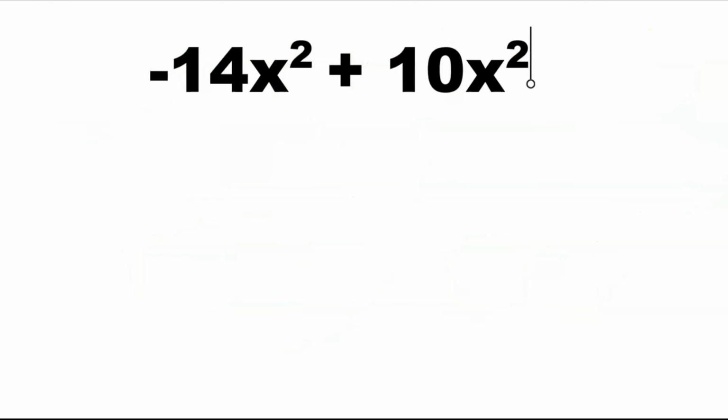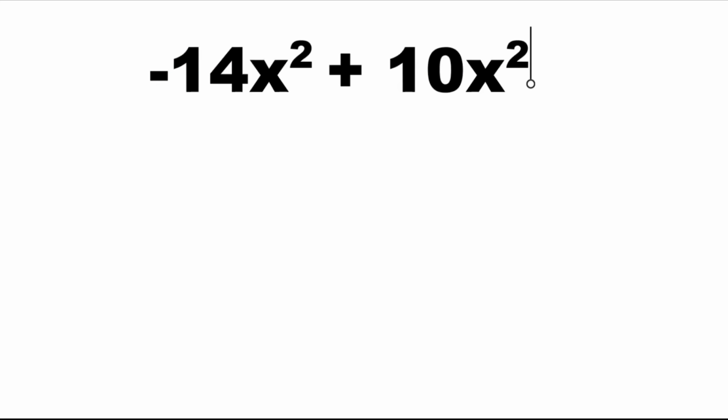Now when we're factoring out a GCF, it's important that I understand, am I factoring out a positive or a negative? And that's going to be determined by the leading coefficient. Now this is a negative 14 in the front. Whatever's in the front, the sign of that first coefficient, that's going to determine what I factor out.